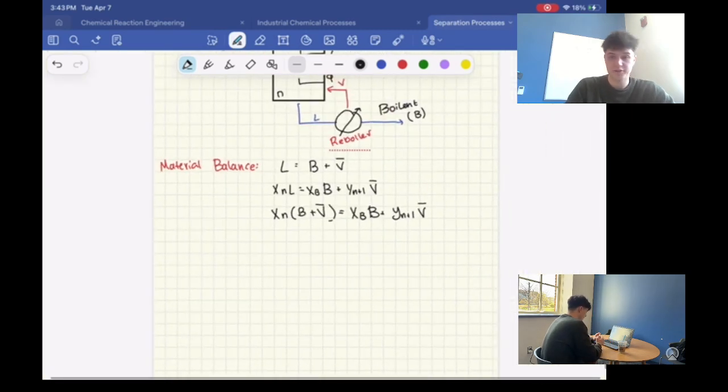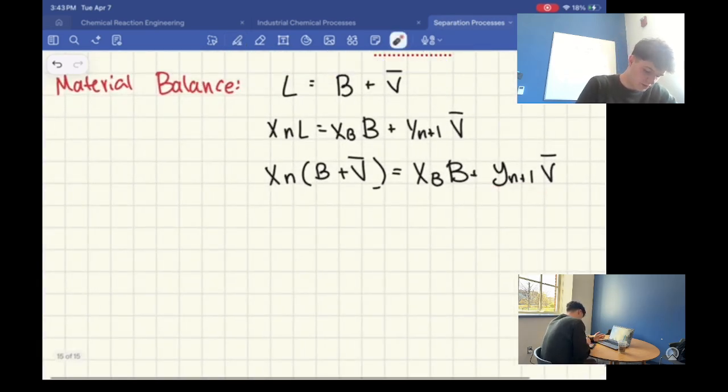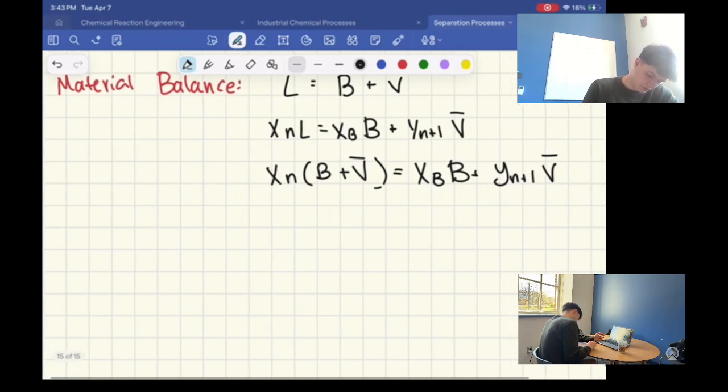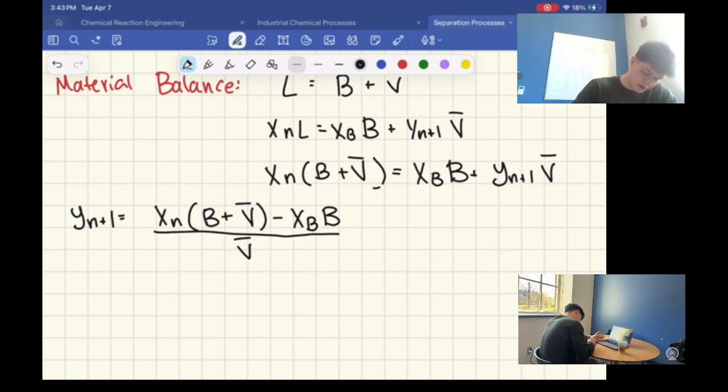And so now, as we did previously, we're going to take this a step further in completing this algebra, and we want this Yn plus 1 to be completely isolated. After you do this, you're going to get Yn plus 1 equals xn times B plus V bar minus xb times B, all divided by V bar. Now you can't forget that, as we had the reflux from the past equation, we are going to have a variable of V over B now. This V over B is going to be the ratio of our vapor to our bottoms.